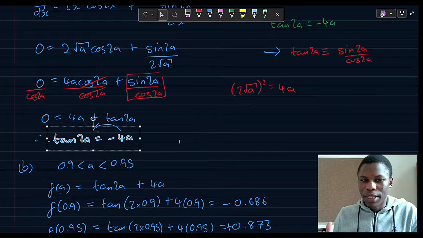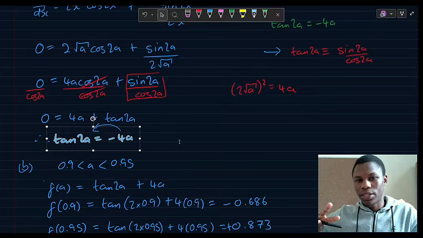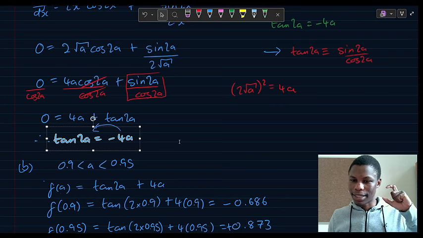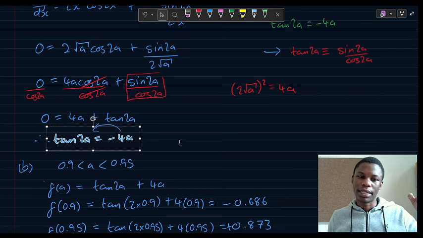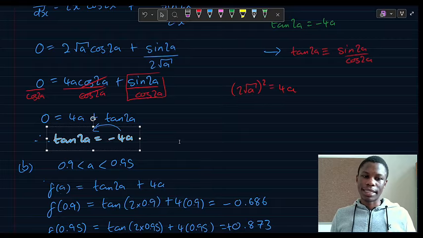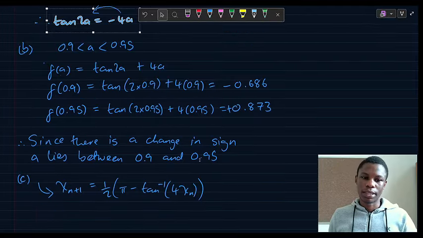The only way for that to be true is if these two equations are just simply different forms of the same equation. So we have to show that this is just the same equation as the one in part A, because the root we get from the iterative formula would be the same if this is the same equation.